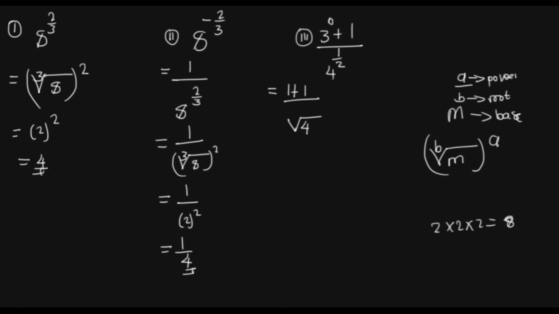Then our root is 2. Now we don't show the 2, 2 is denoted by the square root symbol. Then everything raised to the power 1. So on top we can see that 1 plus 1 is 2, over the square root of 4, which is 2. 2 divided by 2 is 1. So these are just some of the ways in which we can simplify indices.